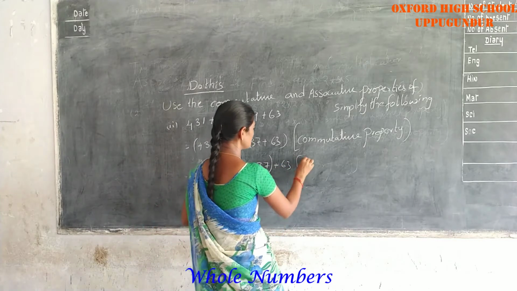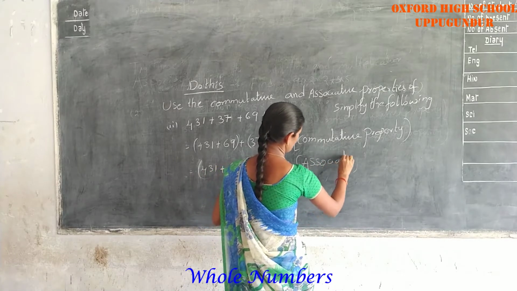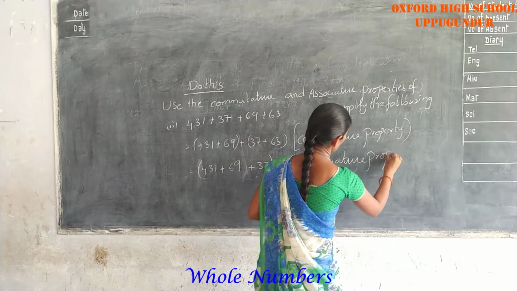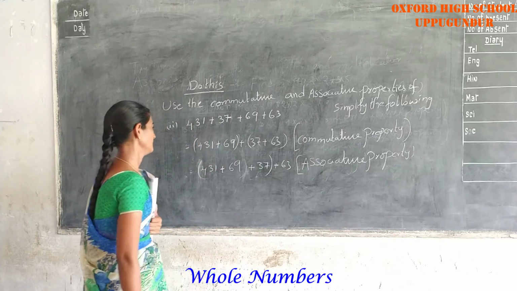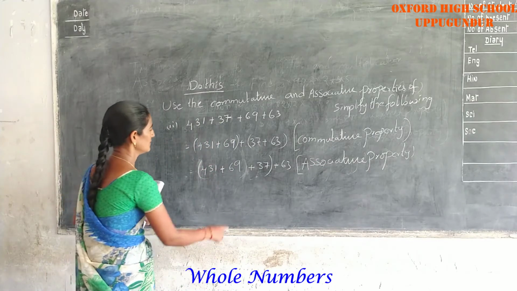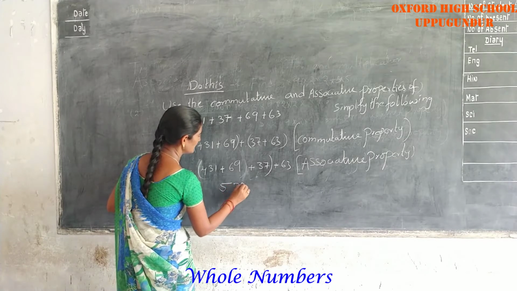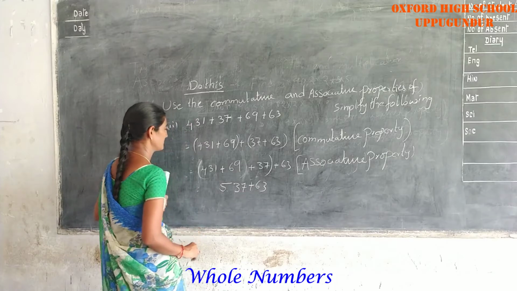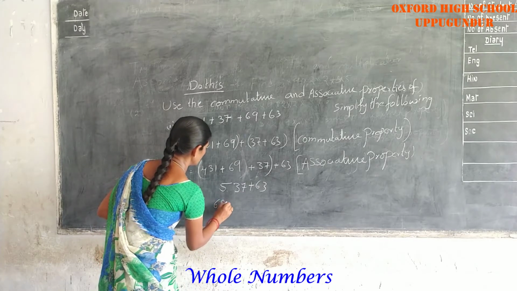This is associative. These are 537 plus 63, that is equal to 600.